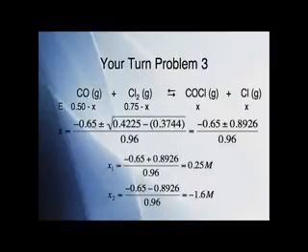The first one, the negative 0.65 plus 0.8926 divided by 0.96, gives us plus 0.25 moles per liter. X2 would be negative 0.65 minus 0.8926 divided by 0.96, which gives us negative 1.6 moles per liter.